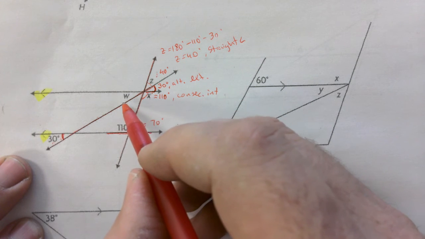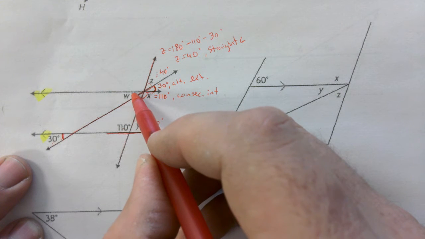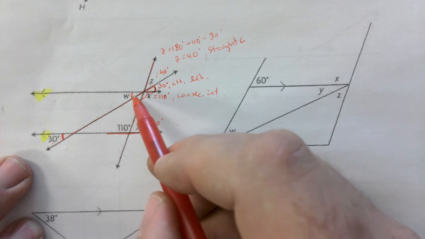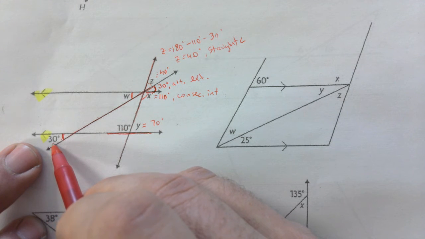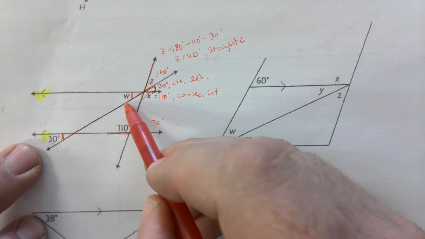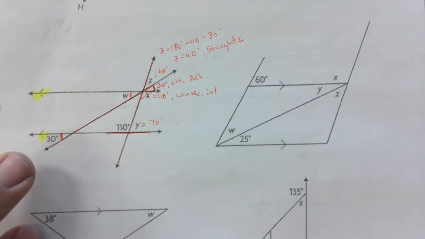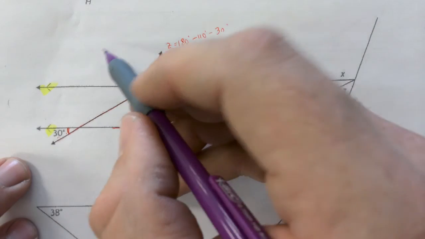And what's w going to be? Is w anything to 30? Well, if you think about it, this is your transversal that you're looking at. So sometimes you just got to copy it and see.